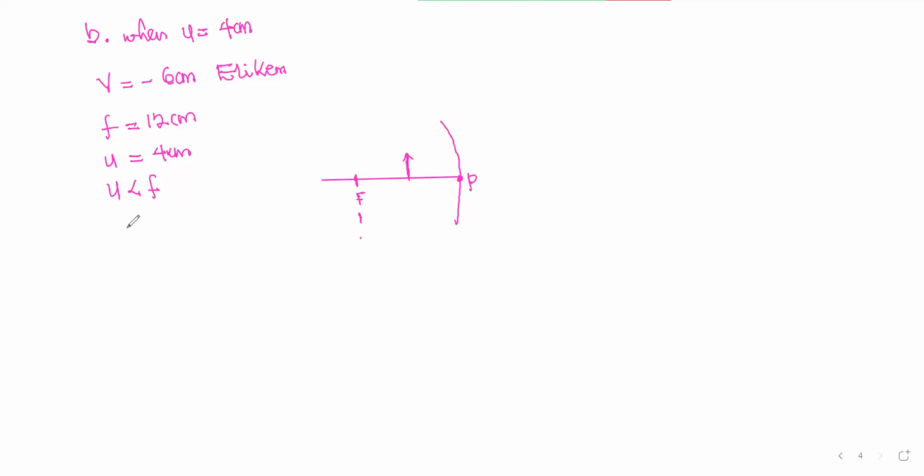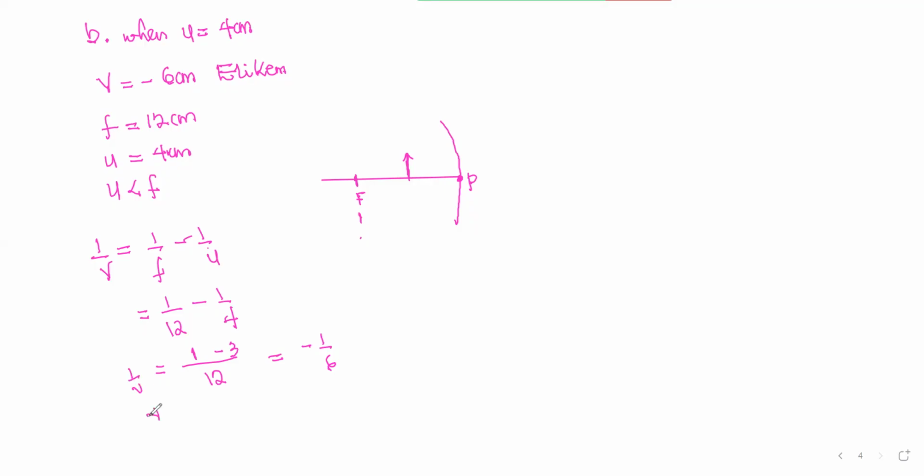So I'm just using the values to find V: 1 over V equals 1 over F minus 1 over U. So 1 over 12 minus 1 over 4. With LCM 12, that's 1 minus 3, which is negative 2 over 12, which is negative 1 over 6.